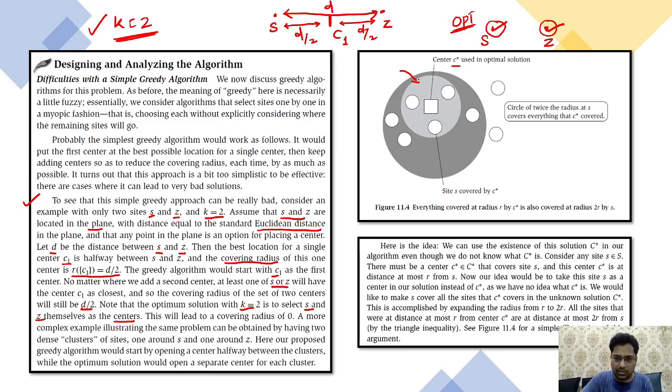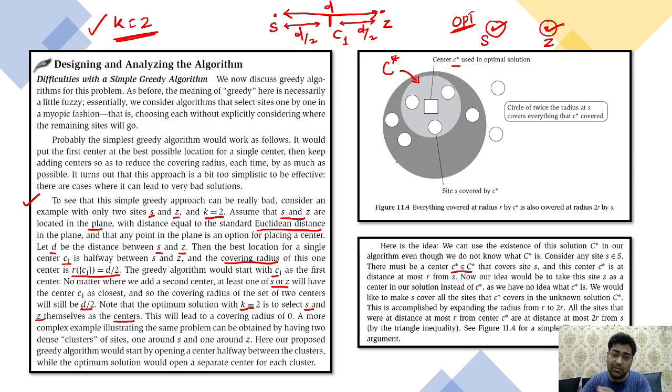This bigger C star is a set of optimal centers. C star belongs to capital C star, meaning the small c star is one center of the set of optimal centers.